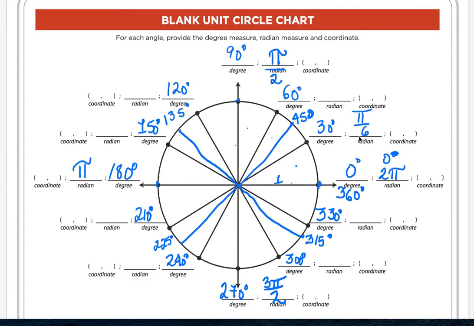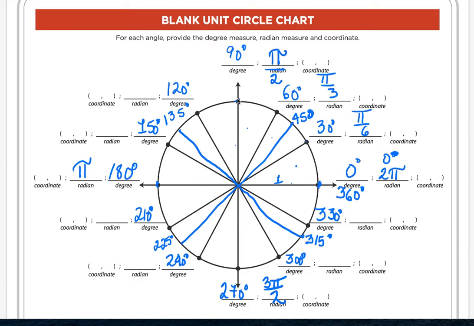Okay, 30 degrees is the same thing as pi over 6, right? All right, so every time I add 30 degrees, I'm adding a pi over 6, and I'm going to also simplify the fraction for this. So if I'm going from 30 degrees over to 60 degrees, I'm basically going from pi over 6 to another pi over 6. So that's 2 pi over 6, right? And 2 over 6 is the same thing as 1/3. So this becomes pi over 3, okay? And then I add another pi over 6 on here.